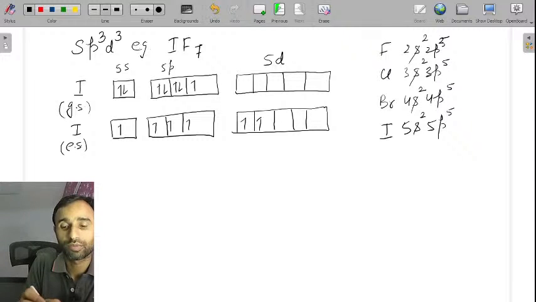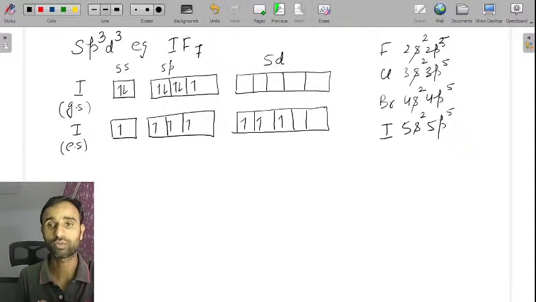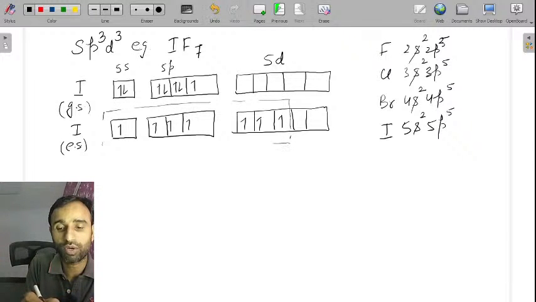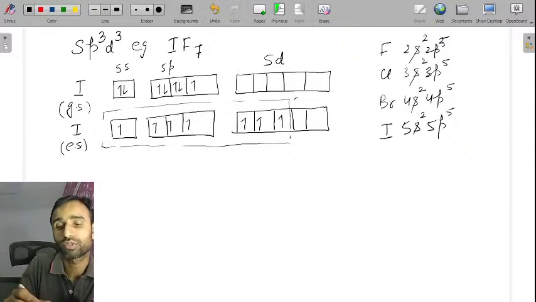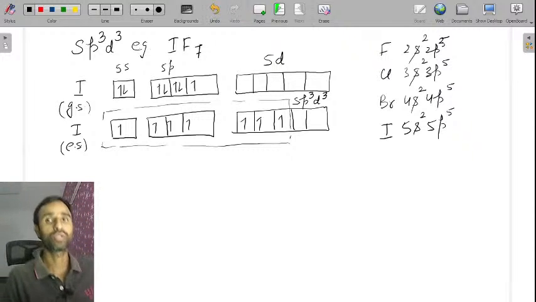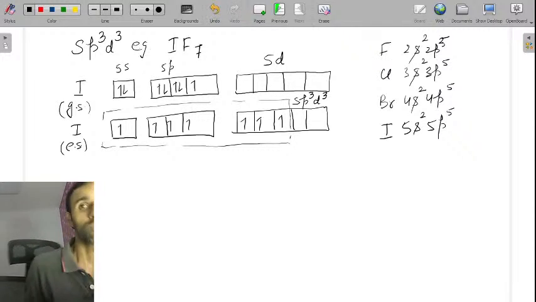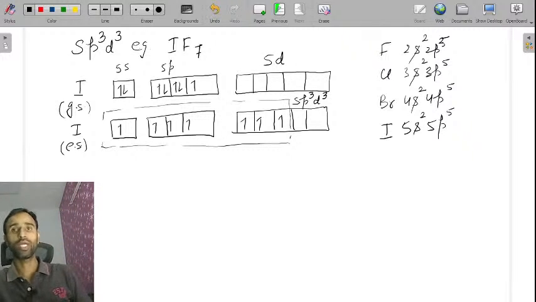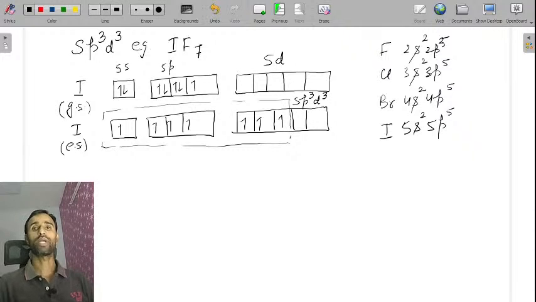Okay, so 3 electrons are shifted, and now we will get the desired number of unpaired electrons, and the hybridization is sp3d3. Okay, so sp3d3 hybridization takes place.